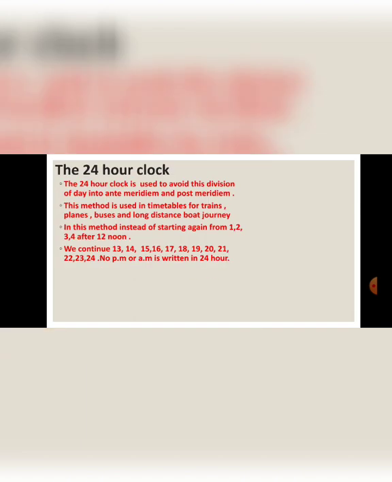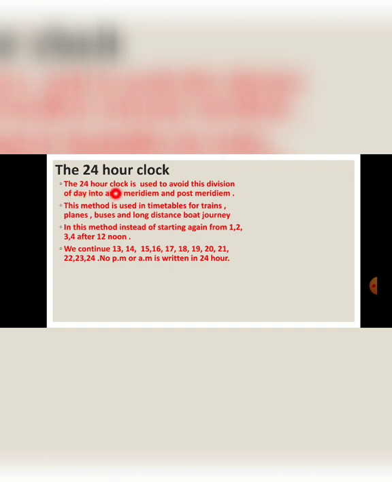Now the second method is the 24-hour clock. Now you will say, what is a 24-hour clock? Because in our home we have the normal clock with 12, 1, 2, 3. But the 24-hour clock is used in places like trains, in the station, or in offices. So let's see what it is.